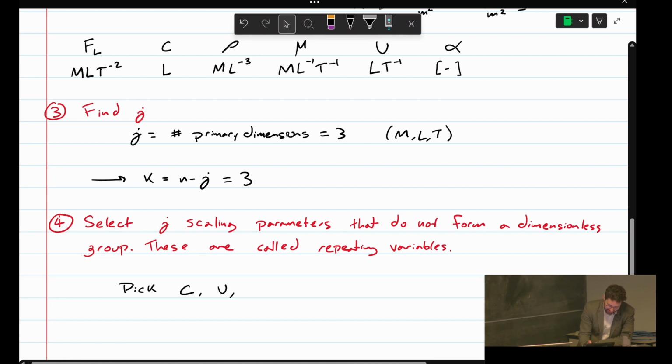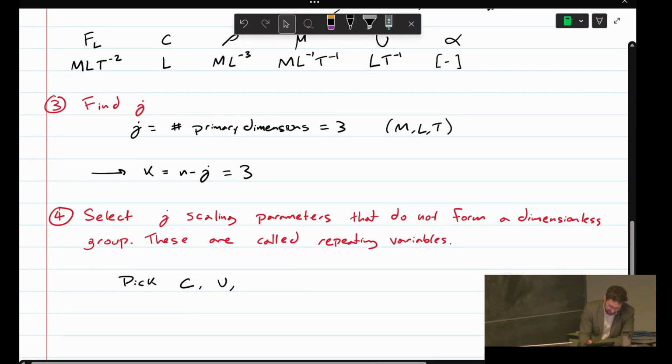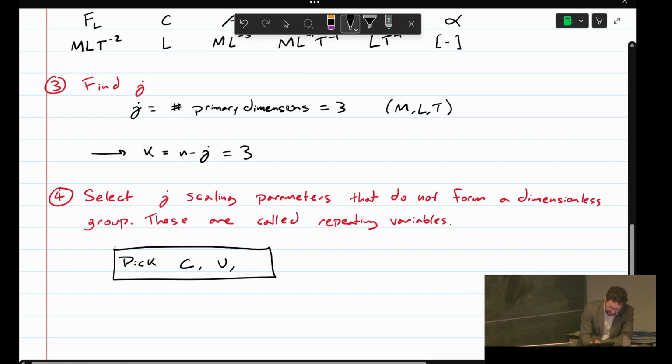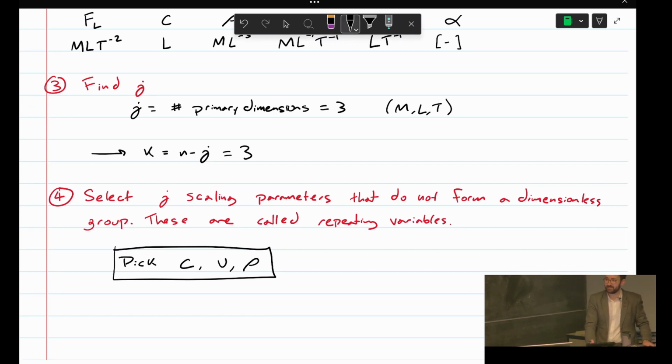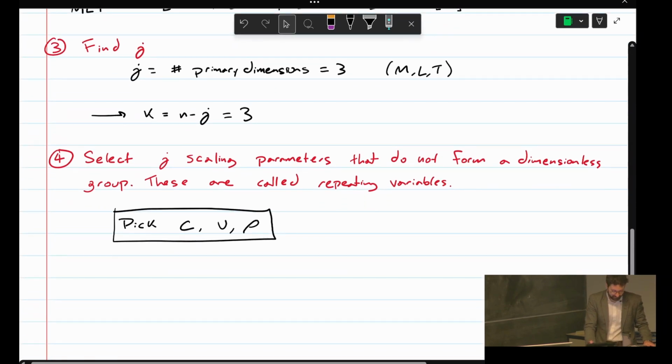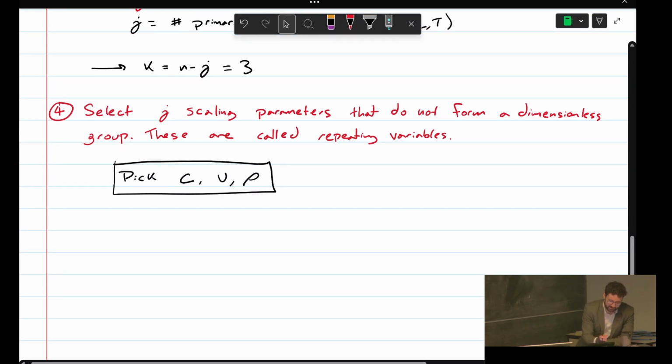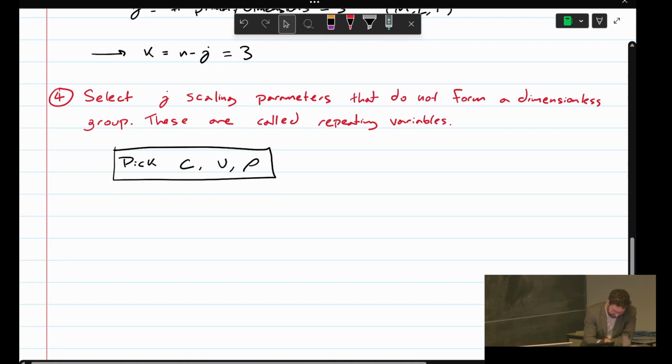It's maybe not the most simple variable here, but we're going to pick rho. This is a very good recommendation in general. So pick C, U, and rho, or pick L, U, and rho, a length scale, velocity, and a density for these repeating variables. Okay. This will come a little bit with experience, but this is a good general recommendation as a starting point. Pick simple variables and pick C, U, and rho.